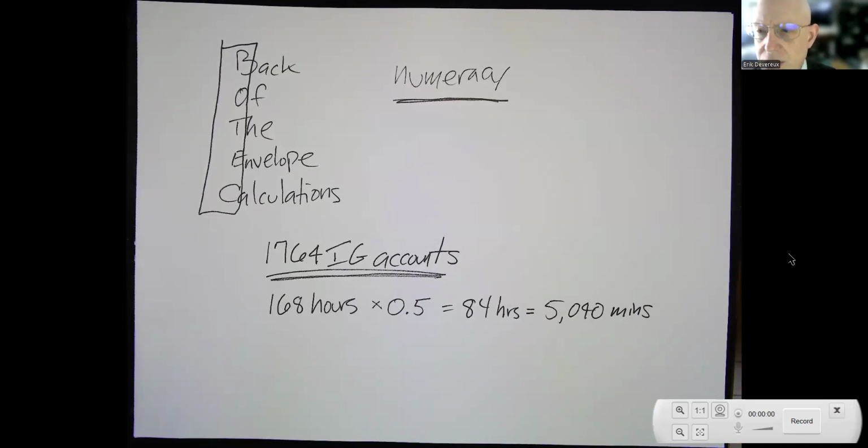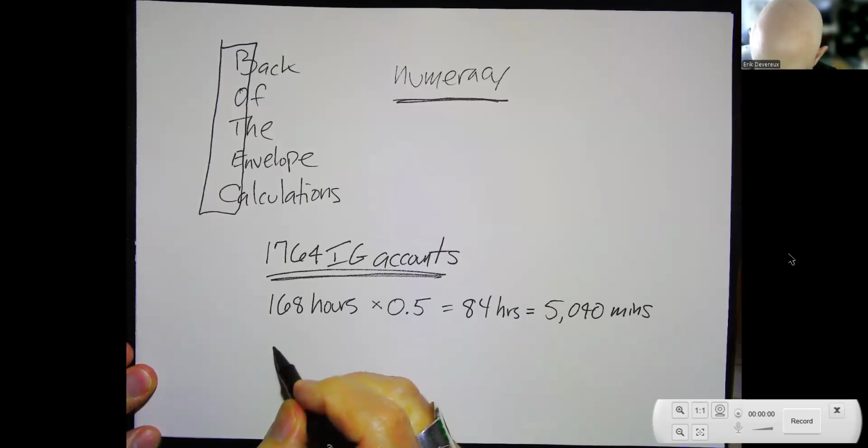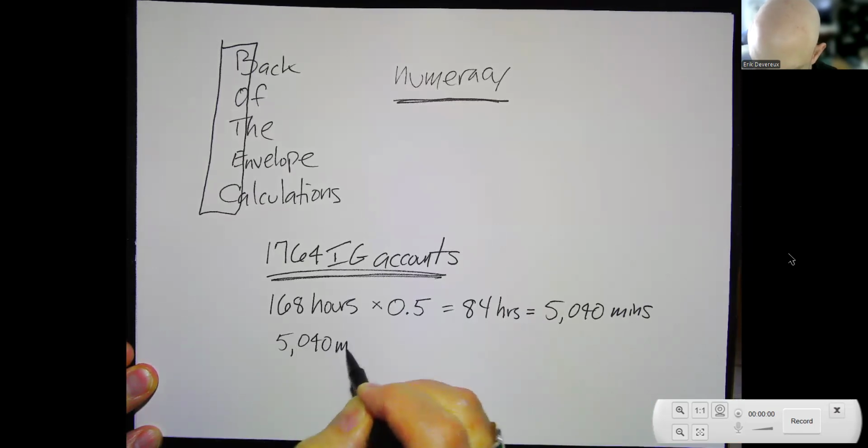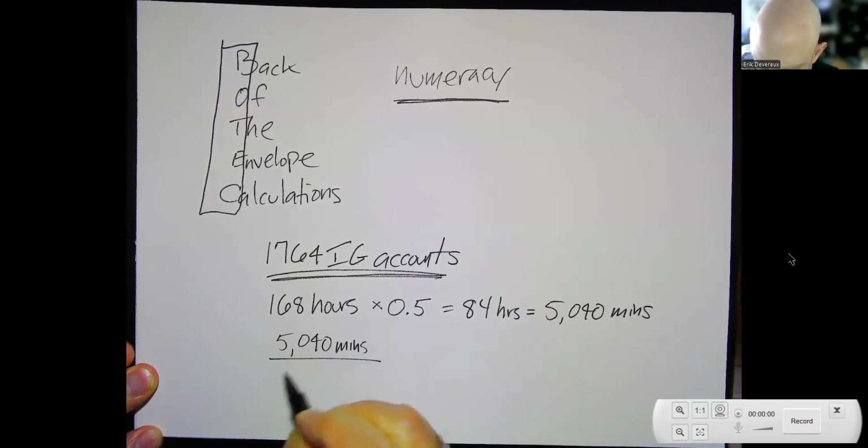Maybe on the lower end, some of you probably are not getting 12 hours sleep, but maybe you're doing things like eating and other sorts of things. So we'll still stick with this 84 hours as reasonable. And then, of course, all we have to do is take that 5,040 minutes and divide it by 1,764 accounts.